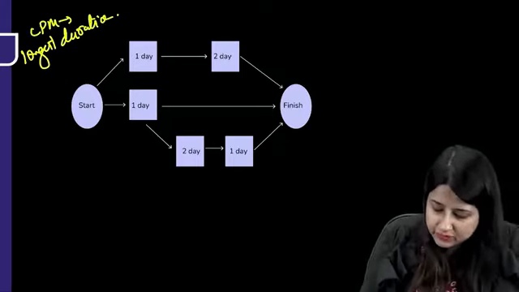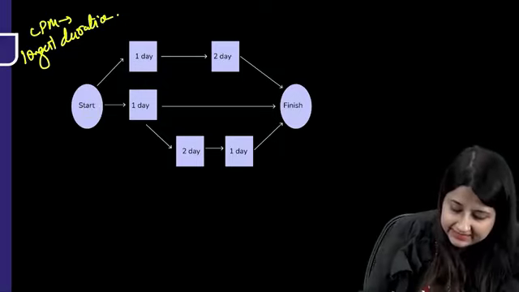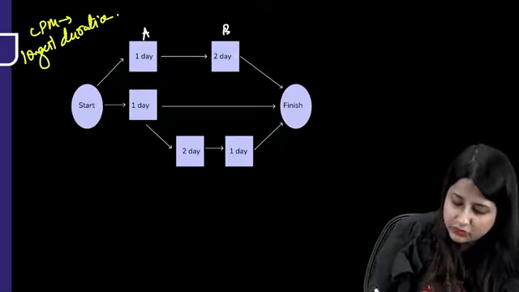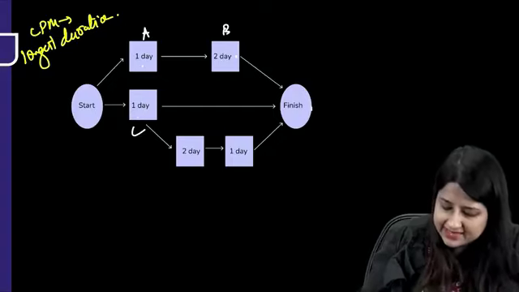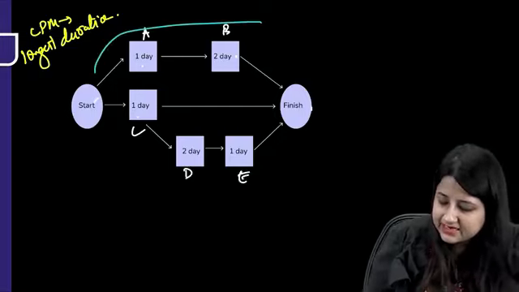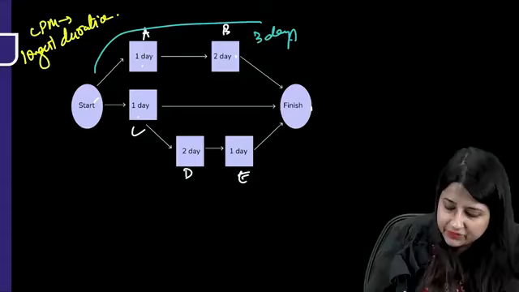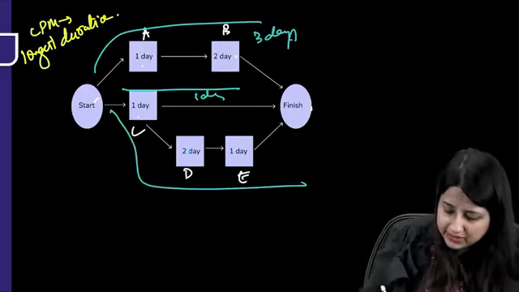Like over here, if you see, start, okay. Now there's one activity, let's say activity A, B, taking 1 day, 2 days, okay. Then this is some activity which takes only 1 day. This is D, E, okay. Now if you see this path, everybody, it's taking altogether 3 days. If you see this path, 1 day. But if you see this path, 2, 3, 4 days.